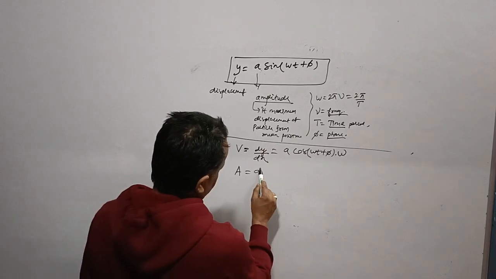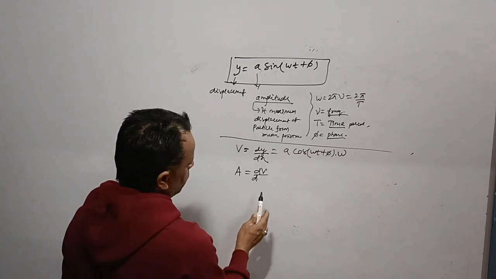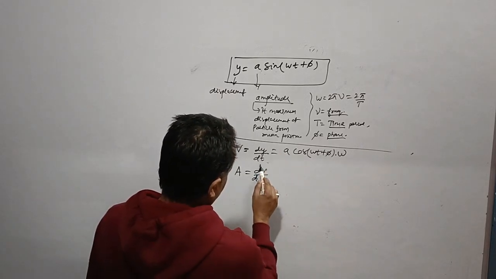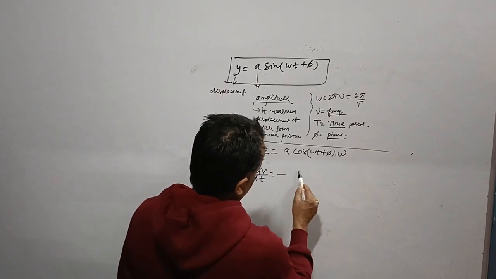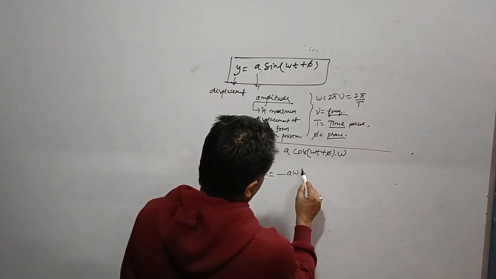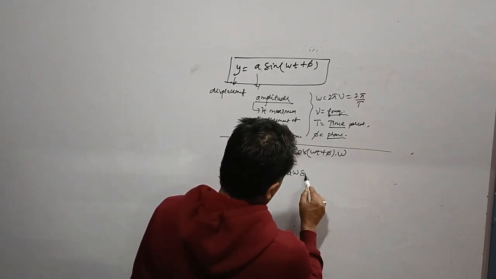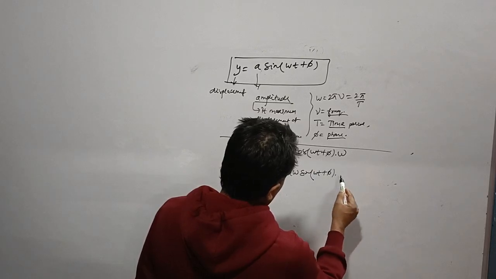It will be the derivative of the velocity, delta v by delta t, with respect to t. It will be equivalent to A omega, and the derivative of cos(omega t plus phi) is minus sine(omega t plus phi), then omega.